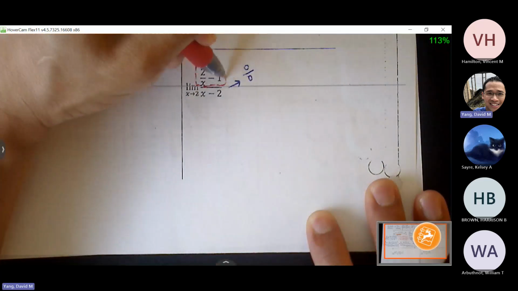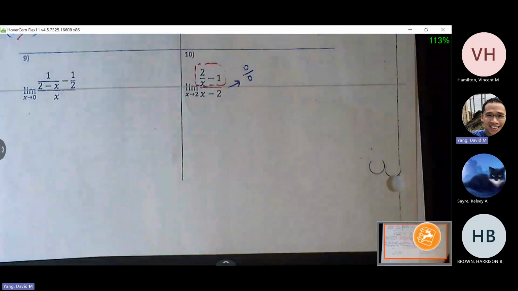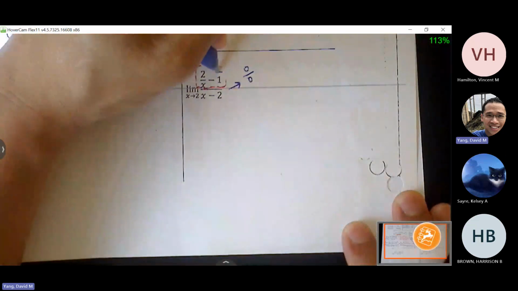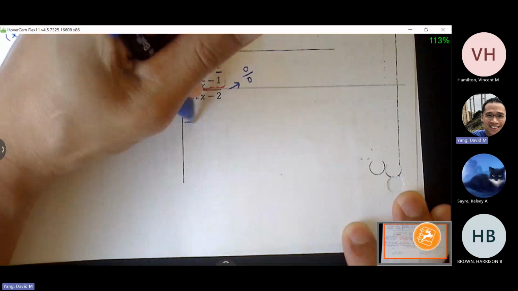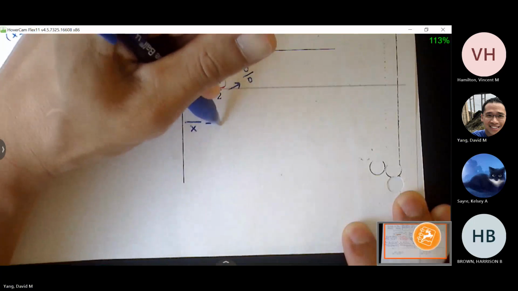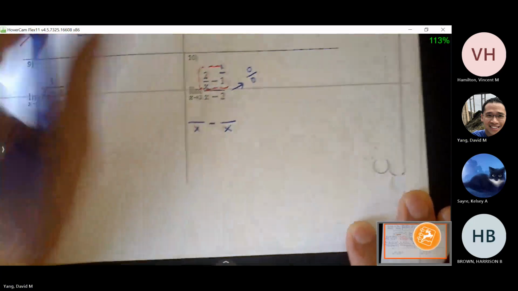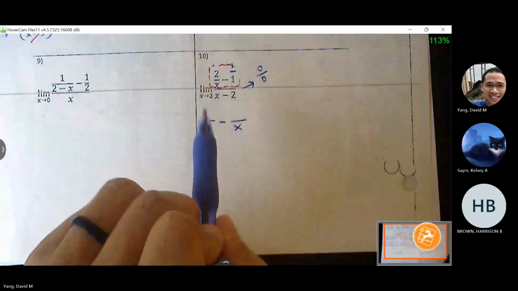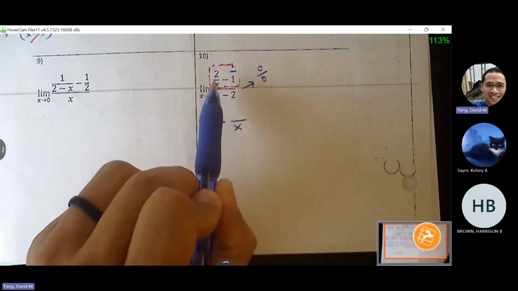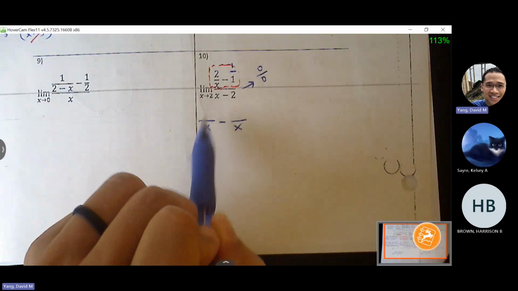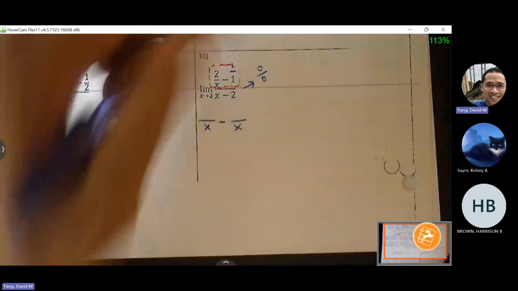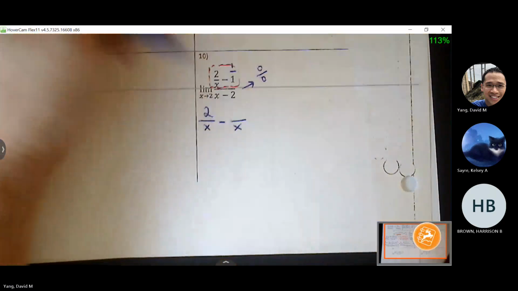Okay, I'm going to focus my attention on this top portion there. 2 over x minus 1 over 1. My common denominator is just x. I can see that my denominator already matches, so I can just take the numerator, keep it.